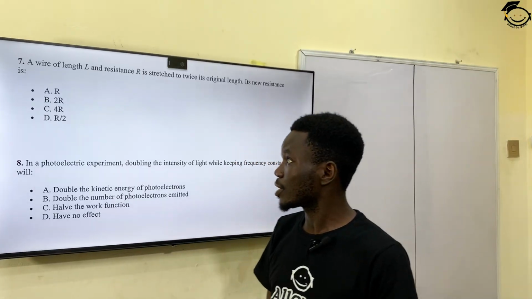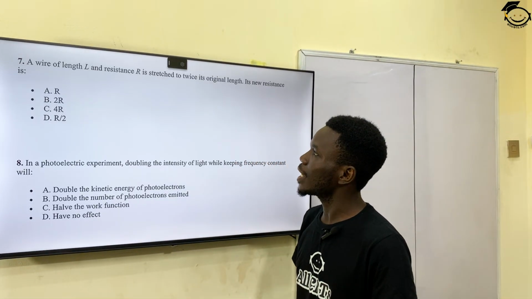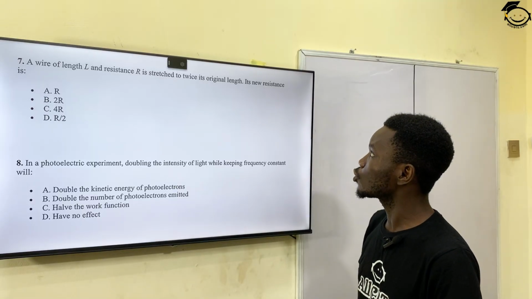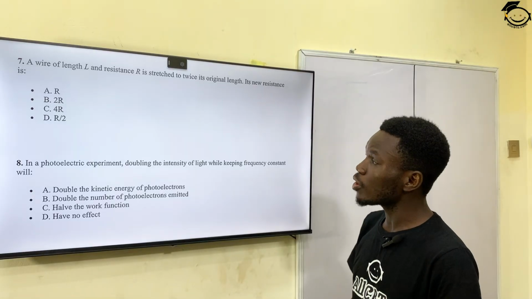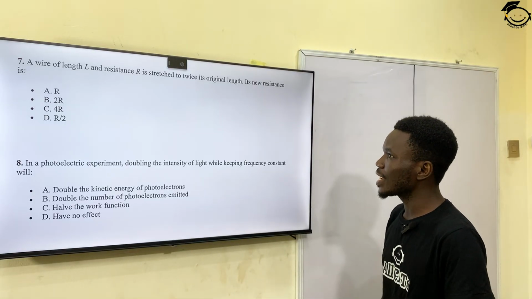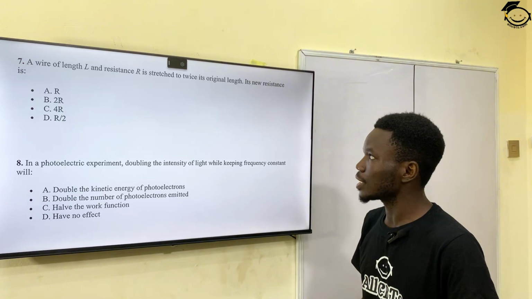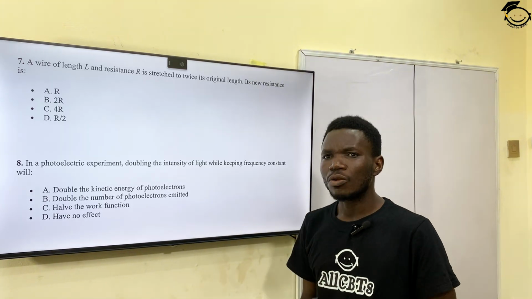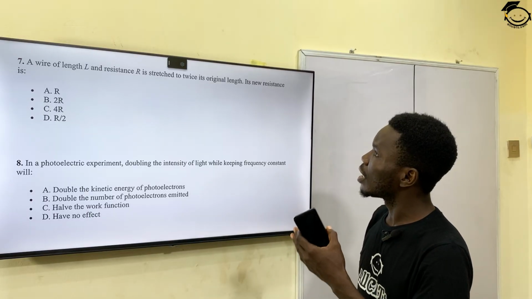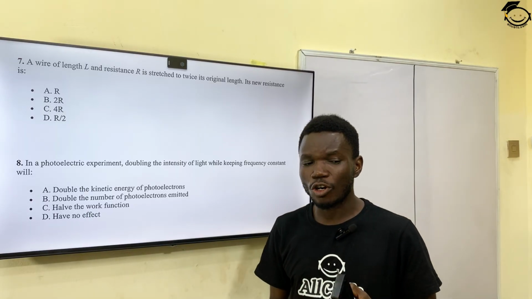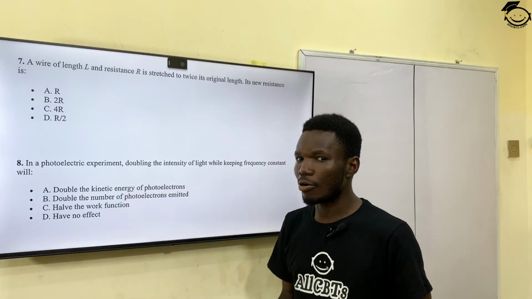Moving on to question number 7, it says a wire of length L and resistance R is stretched to twice its original length. Its new resistance is dash. So if we want to solve this question, we have to first find out what its new length is. Looking at this, we know that whenever a wire is stretched, the volume will remain the same, but its area will be different.